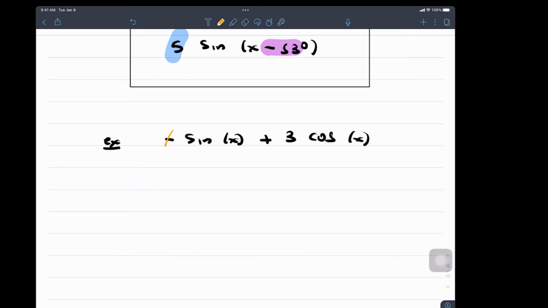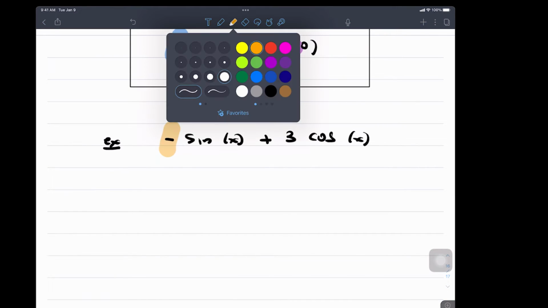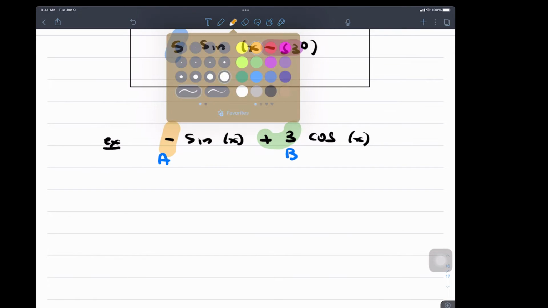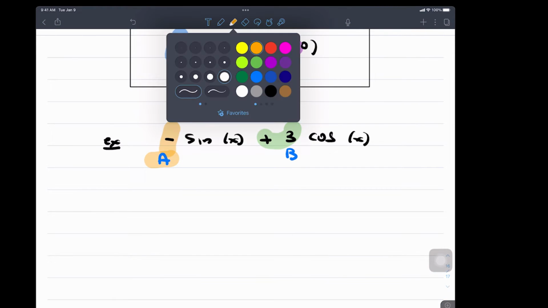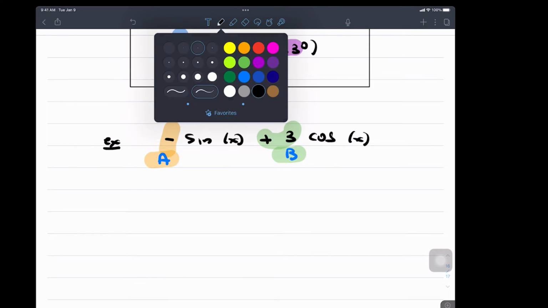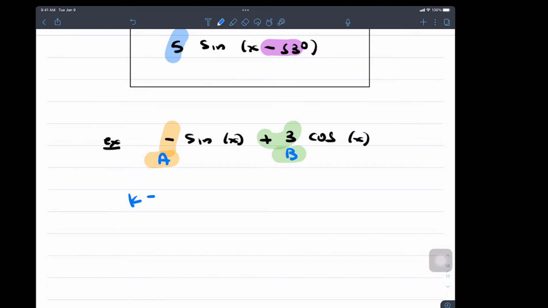What is this over here? Here's my A, and then what do I have over here? B. A, B. K, square root of what?